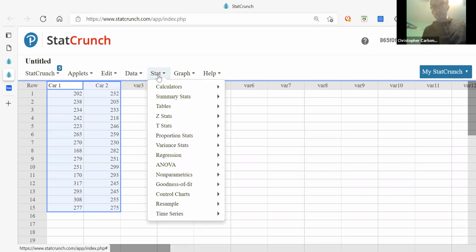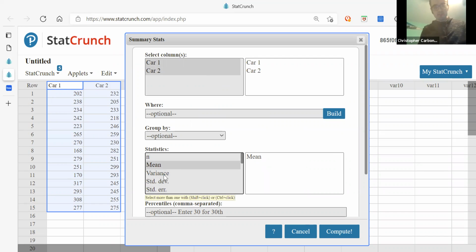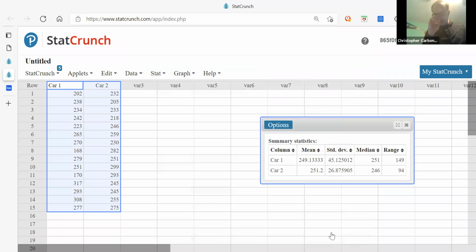We are going to go to Stat, Summary Stats, Columns. We want the 2 columns. Might as well do them at the same time. We want the mean, sample standard deviation in this case. We also want the median and the range. And as we can see, we have this information up here.